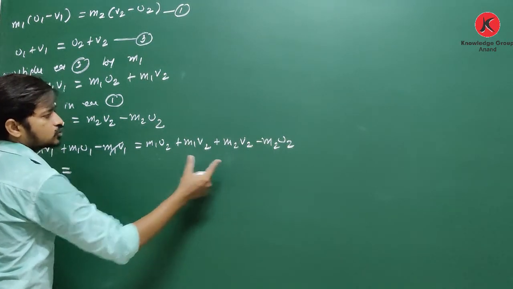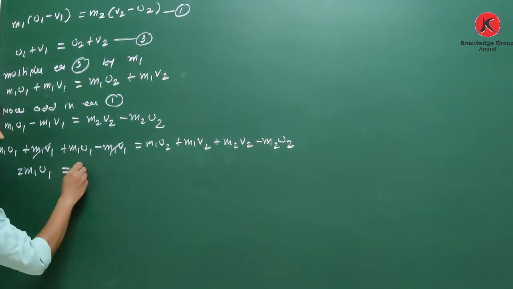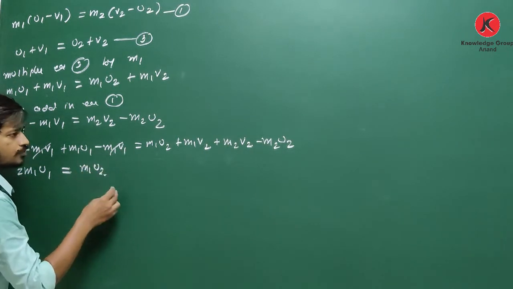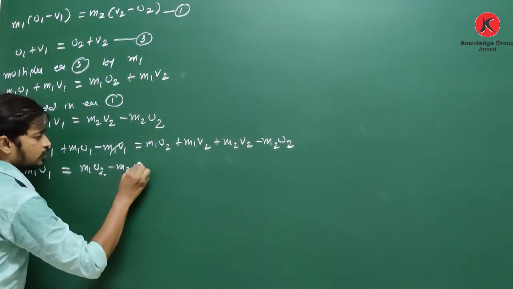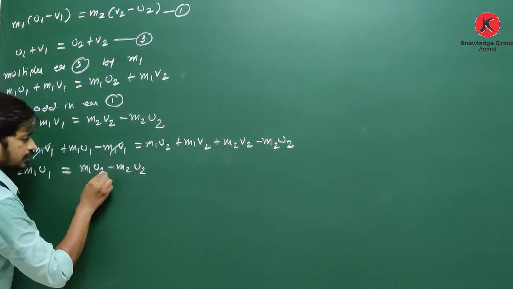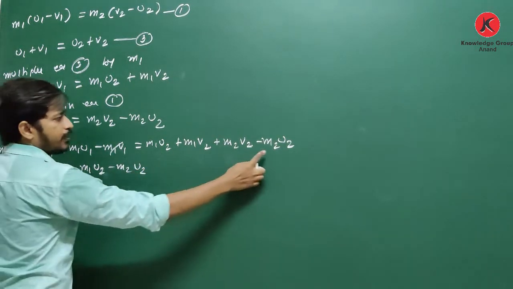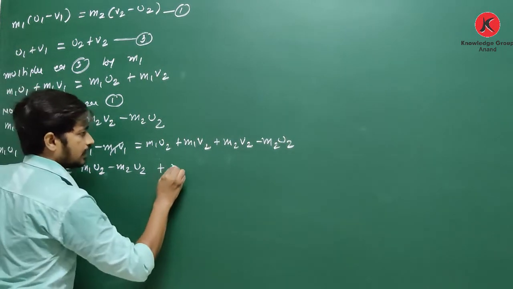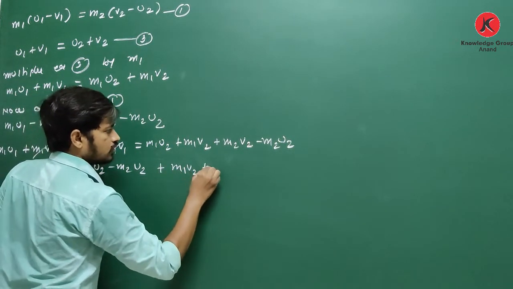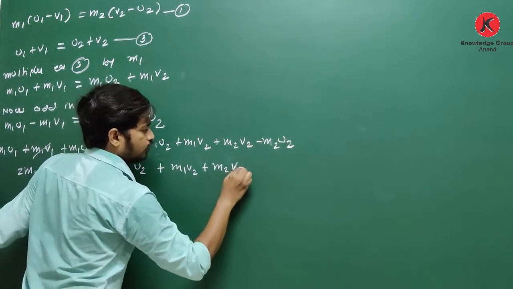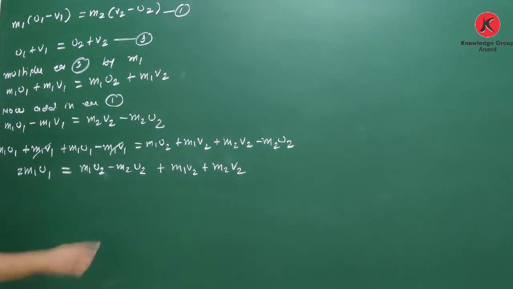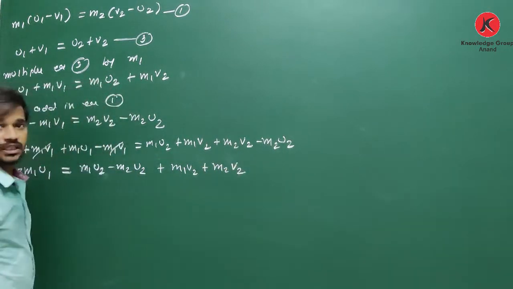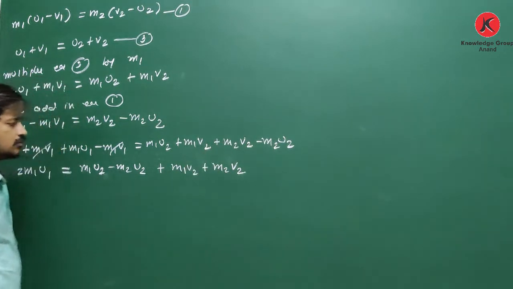So I can write m1 u2 minus m2 u2, plus m1 v2 plus m2 v2. This and these two terms together.